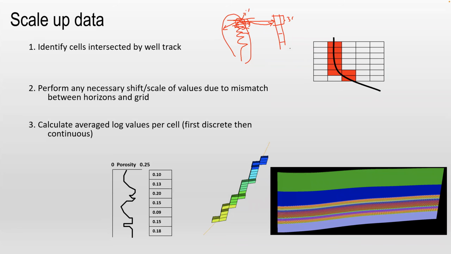So in the scale-up process, for example, this one, you have the log data for half foot interval. You must average them and assign them to the cells for each of them. After that, for each grid of this well, if you have, for example, 20 wells, you have 20 wells with scaled-up data.